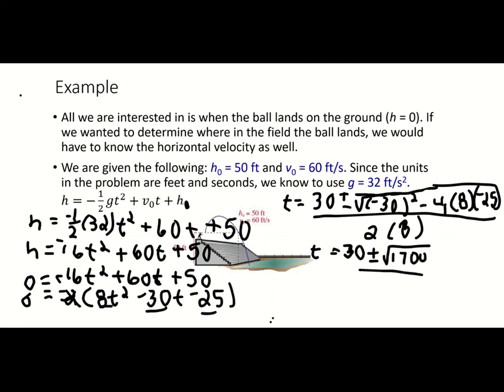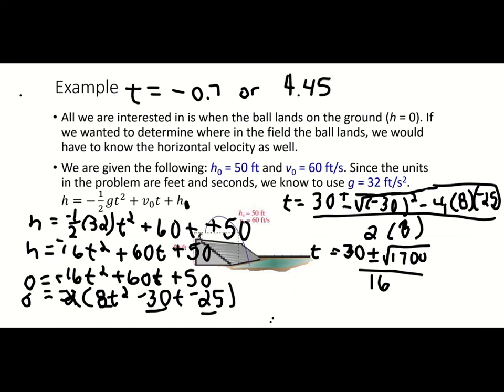If I use my calculator to find 30 plus or minus the square root of 1700 divided by 16, it would give me 2 answers. One of them would be t equals -0.7 if I rounded it, or I would have t equals 4.45.